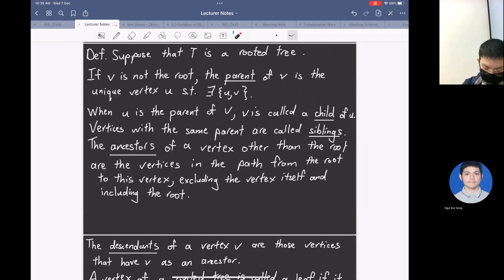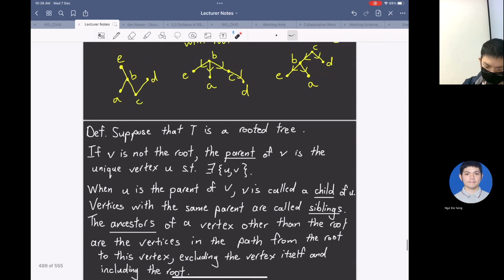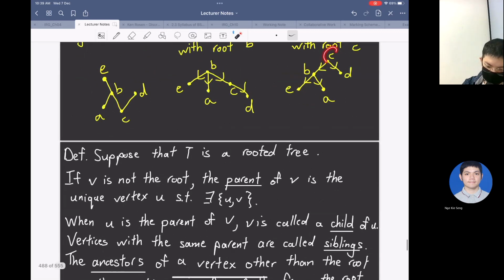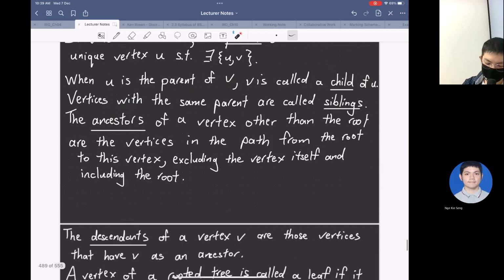Descendants of C are all the points that have C as an ancestor. For example, a descendant of C is B because C is the parent of B. A descendant of C is E because C is the ancestor of E. So all the way down are the descendants. Make sense?